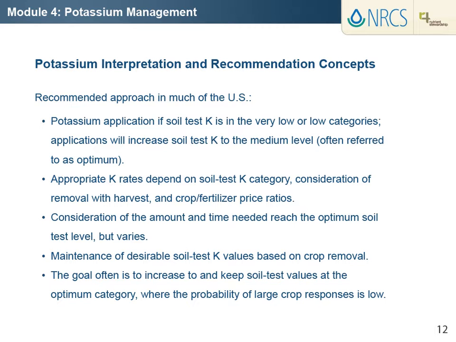The amount of potassium and time needed to reach the optimum soil test level may vary significantly. Once the desirable soil test potassium level is reached, this level can be maintained by applications based on crop removal. Overall, the general objective is to apply potassium to reach and maintain soil test values at the optimum category, where the probability of large crop responses is low.